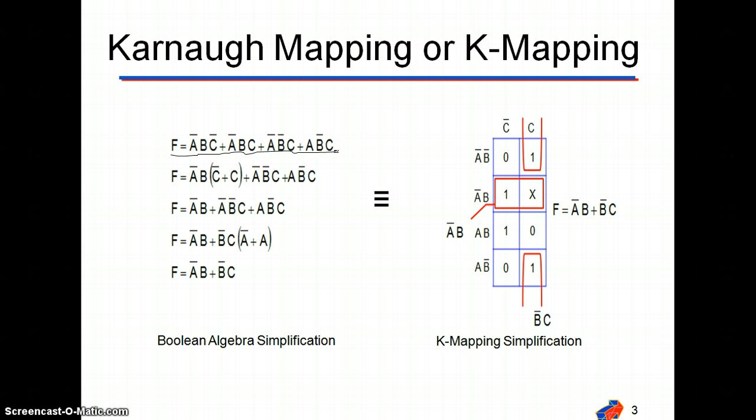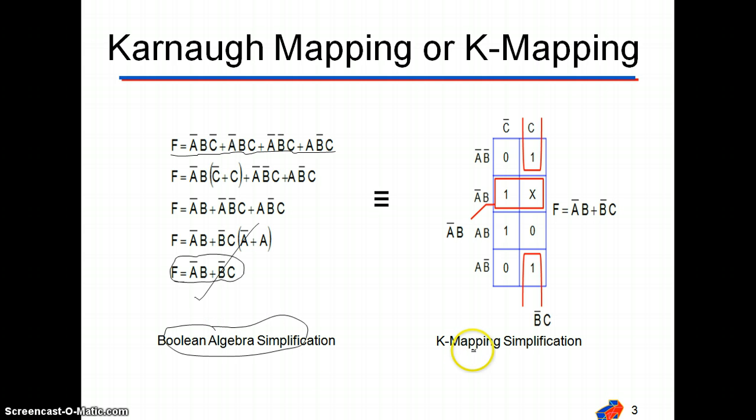Now if we have to solve this equation with the help of Boolean algebra, we use different theorems, that is De Morgan's theorems and other formulas, to solve it down and find out that f is equal to a bar b plus b bar c. This is the final equation which we find if we use Boolean algebra simplification method.